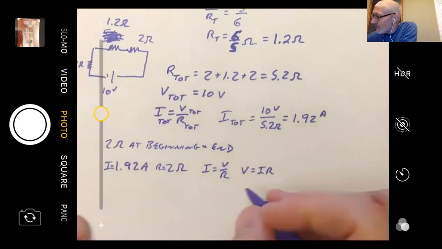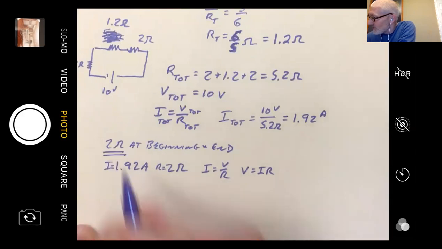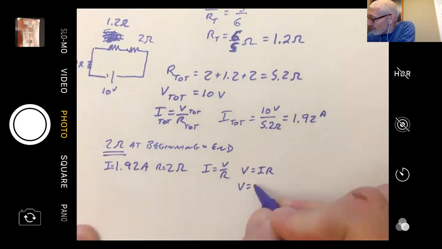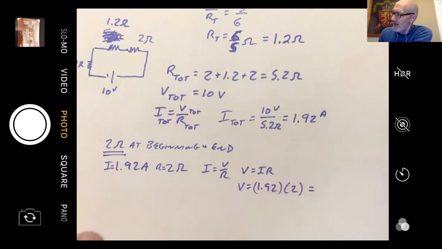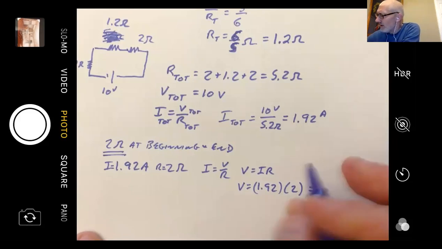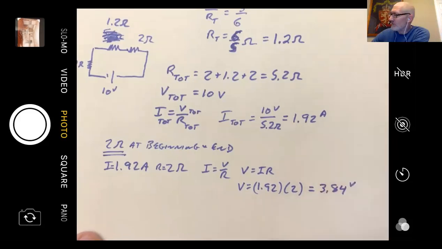And so I know that the voltage going to each of those 2 ohm resistors is just going to be 1.92 times 2. Double check me. I think that's 3.84? Yeah. Okay. So I've got 3.84 volts at each of those resistors.